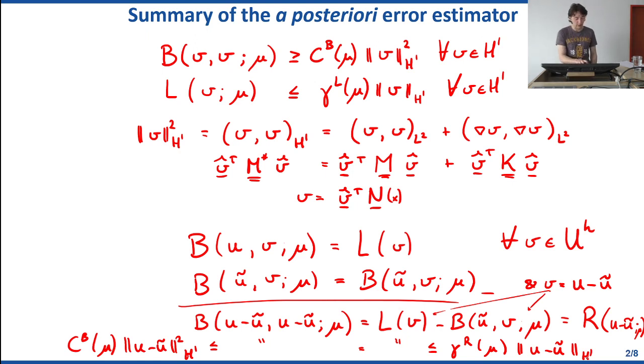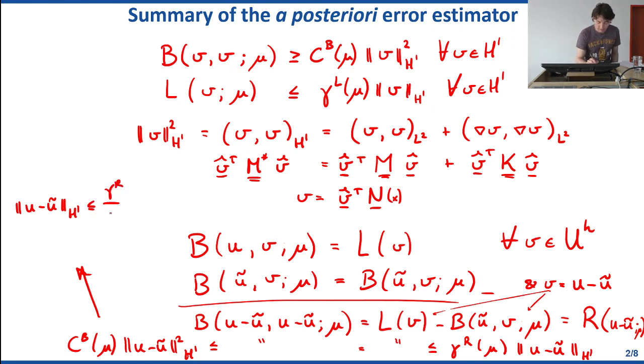So I actually don't care about the things in the center, I only care about the leftmost statement and the rightmost one. If we combine those two, we can cancel one of the norms with the square, and we get that the norm of u minus u tilde, measured in the h1 sense, will be smaller than or equal to gamma r divided by cb.